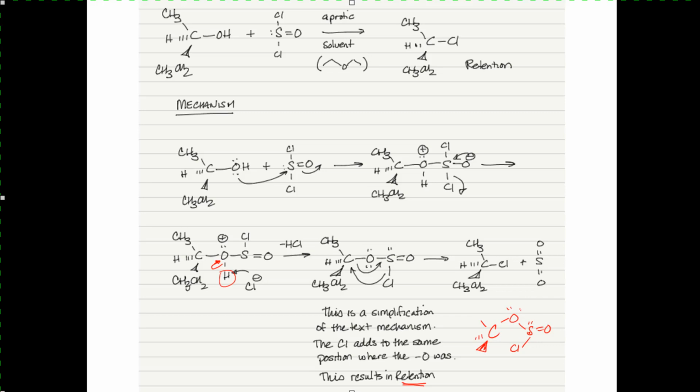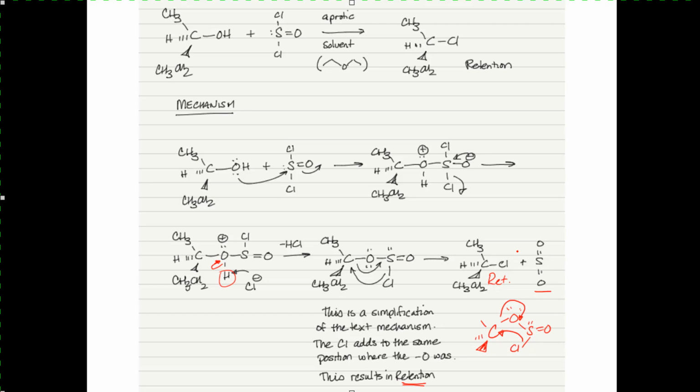I'm going to break the sulfur-chlorine bond and have that pair of electrons go to form the chlorine-carbon bond. Then take this pair of electrons and use it to form the SO double bond. So that in the end I end up with SO2 and a retention of configuration for that alkyl halide. So this is the reason why there are 2 different mechanisms that are often proposed.